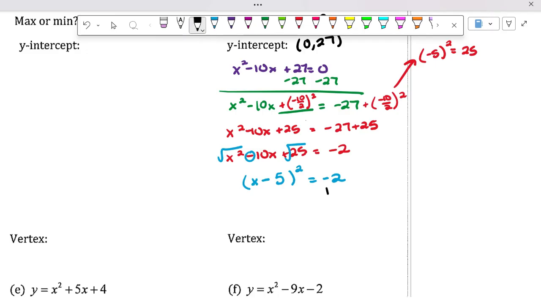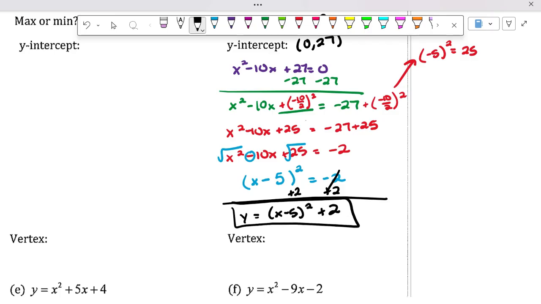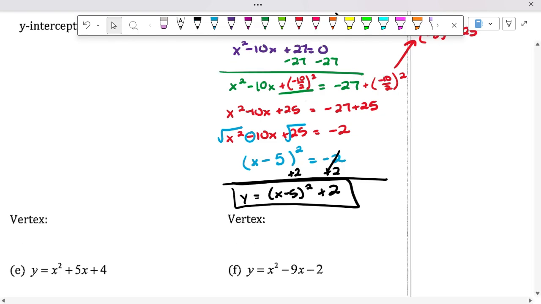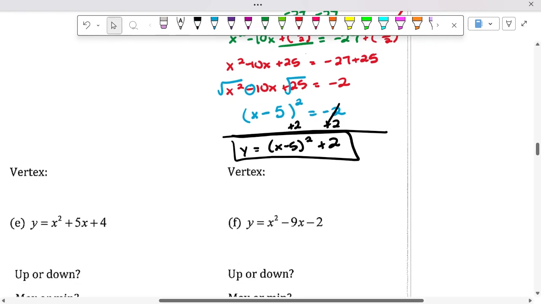So then we add 2 to both sides. So this would be y is equal to x minus 5 squared plus 2. So that right there is my vertex form. So what's my vertex? Anyone, what's my vertex? 5, not negative 2, positive 2.